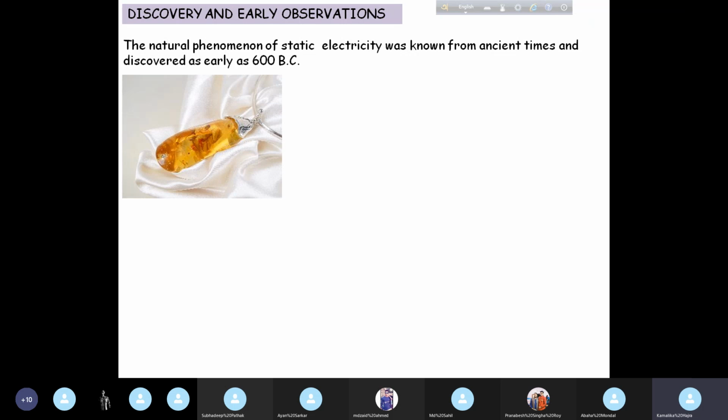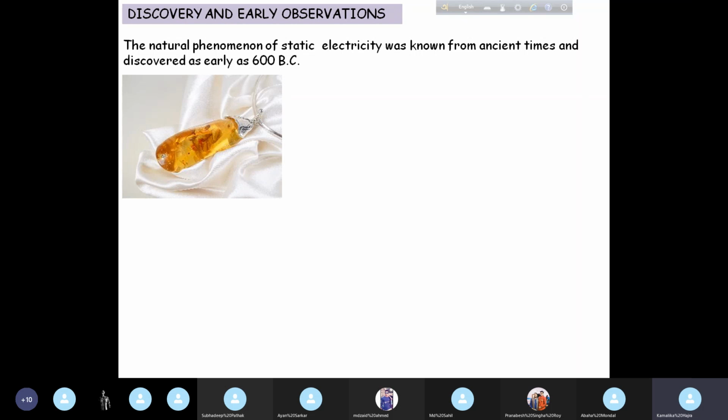So this is the picture of a piece of amber. Okay, amber is a naturally occurring material which is sort of a stone-like thing and is mostly used in jewelry making and decorative items.